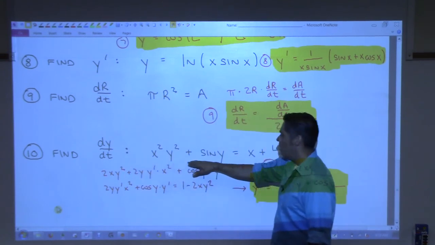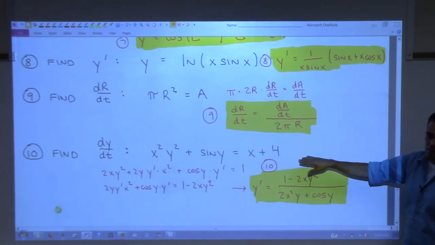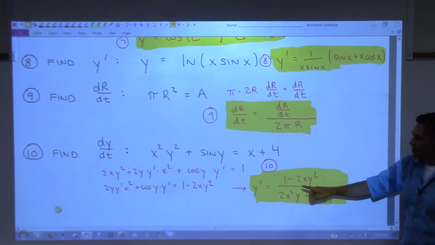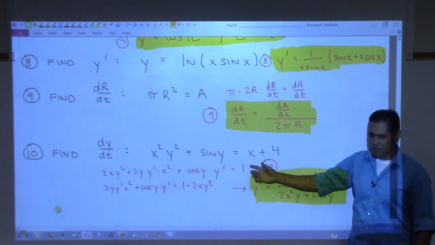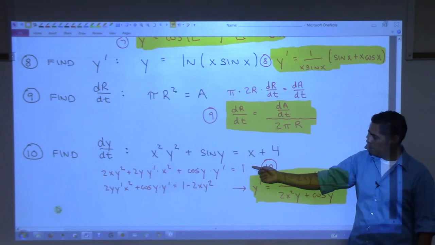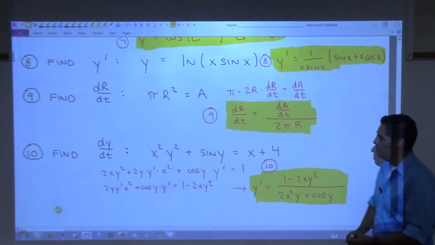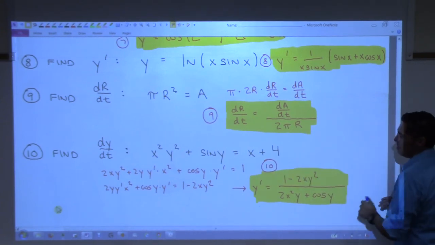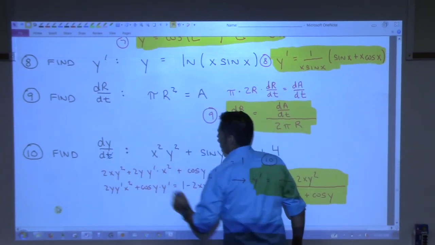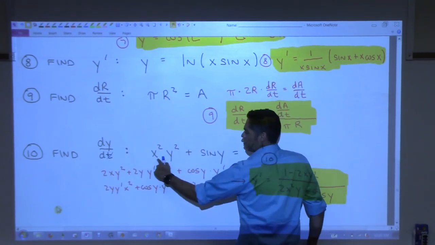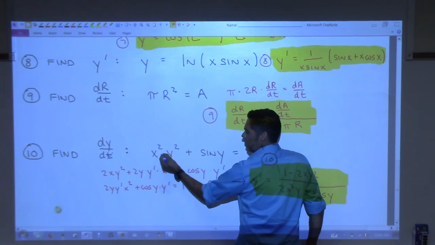That means you have to treat all these variables as if they depend on t, so the derivative of x is not going to be 1. The derivative of x should be what? Did anyone get to this one? Yeah, that should be dx/dt. Okay, so let me put the correct one up here. This was supposed to be x. All right. So what you do is you have to take the derivative of this with respect to t, and that's a product rule.